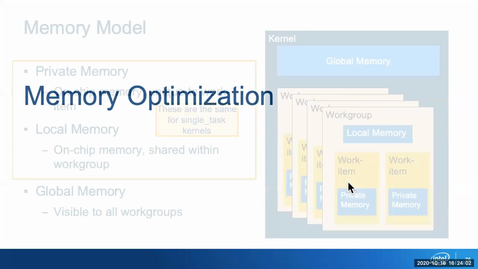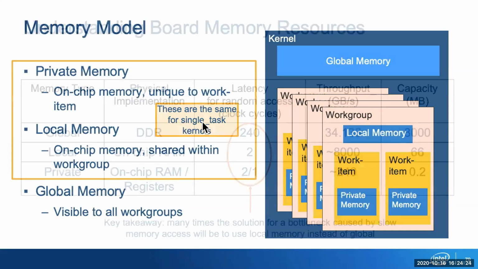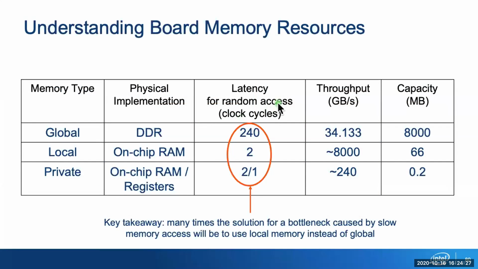So the memory model on FPGAs is a little bit different. As we saw, we have a global memory external to the chip, and inside the FPGAs we have local memory or private memory, which are the same for single task kernels, and we have low latency to local and private memories, but we need many clock cycles to access the global, external memory.